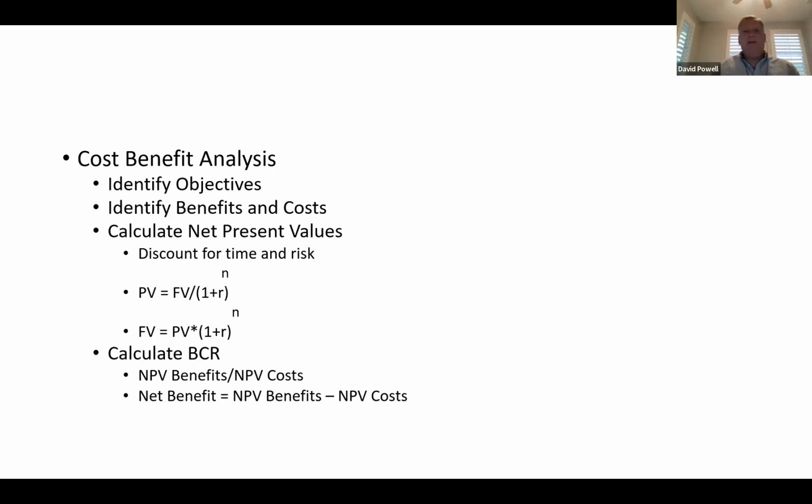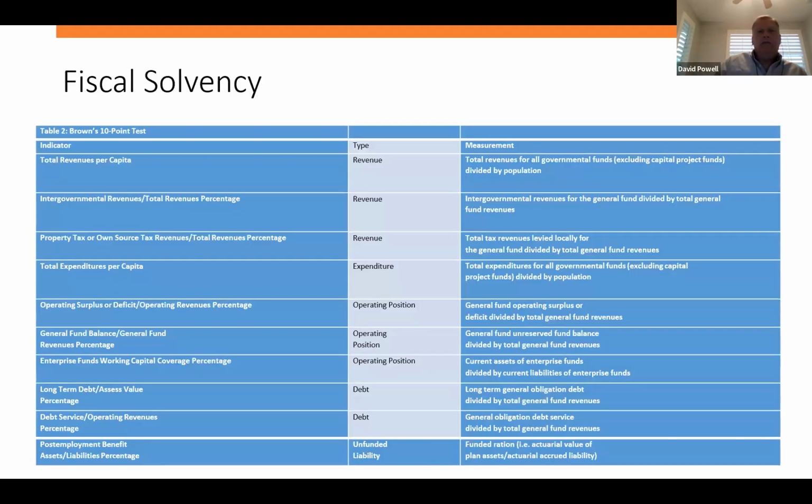Essentially what he is saying is that cost-benefit analysis is useful, but it is not in and of itself something we should rely upon to make our decisions. All too often we rely too much on a quantitative cost-benefit analysis that really is not all-encompassing. It's just one tool in our repertoire of doing budget analysis.